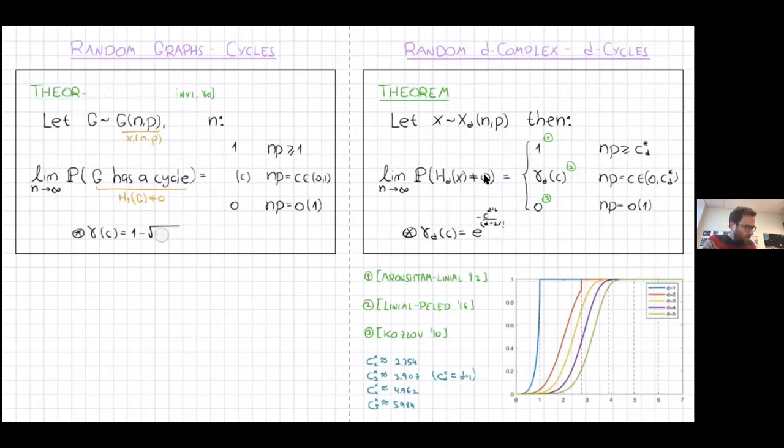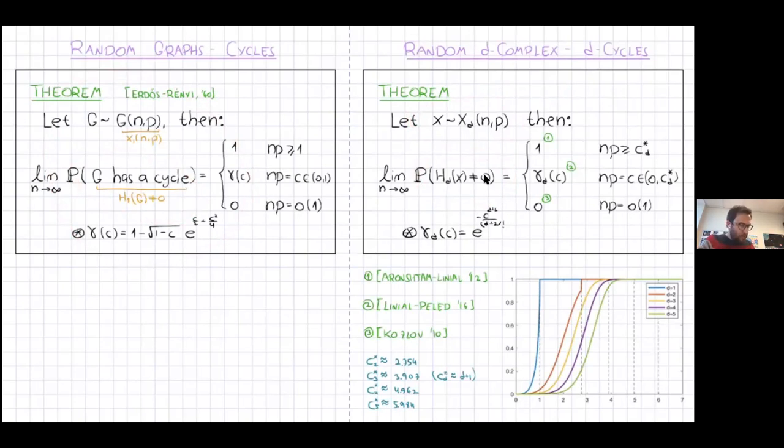In the graph case, we took a one-dimensional complex and asked for one-dimensional cycles. Now we're looking at the same d-dimensional complex and asking about the d-dimensional cycles. The result before on homological connectivity dealt with the d-1 cycles. Now we're going to the d cycles.